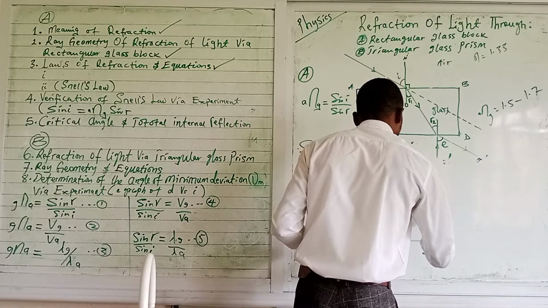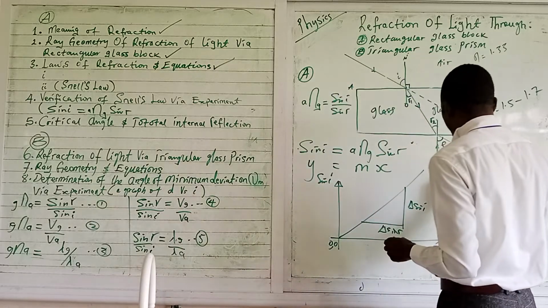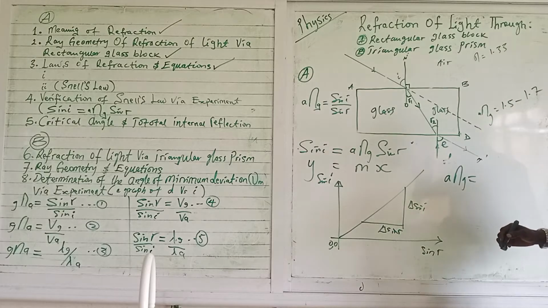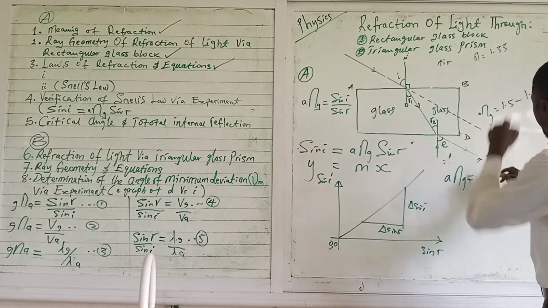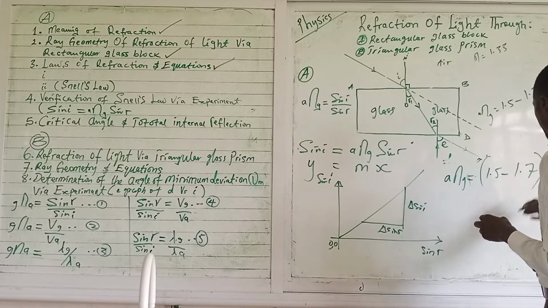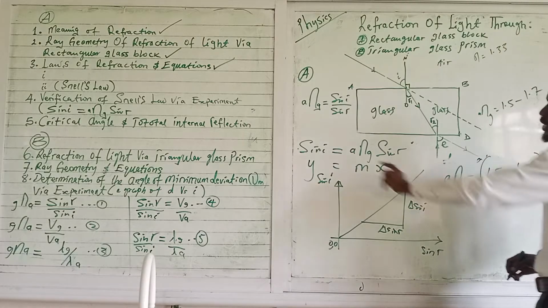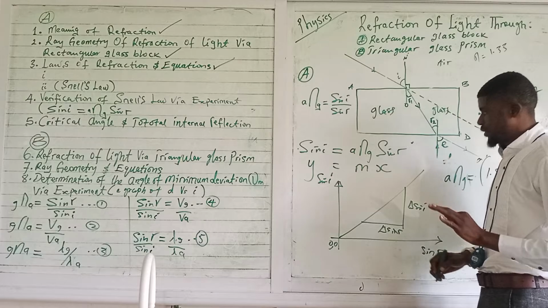Here is change in sine I, change in sine R. So the slope of that graph must give you a value within the range of 1.5 to 1.7. And that slope has no unit, because the refractive index of a glass media is a dimensionless quantity.